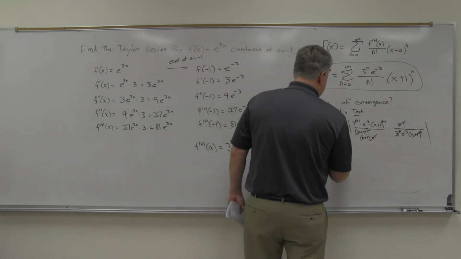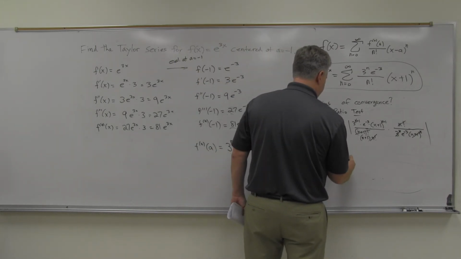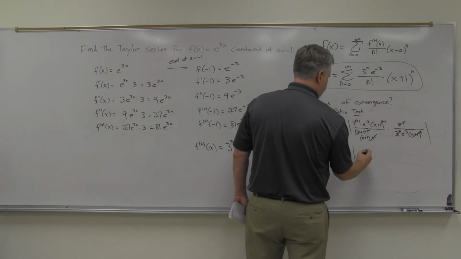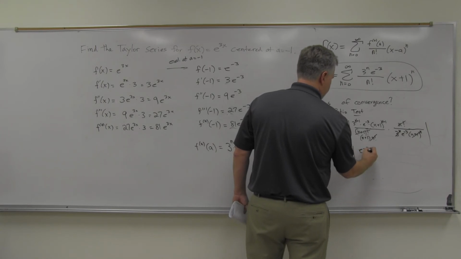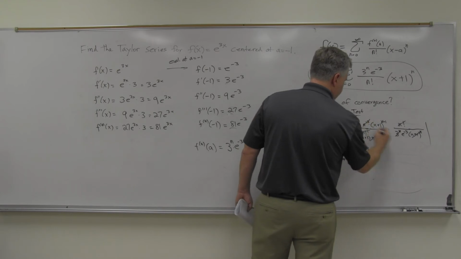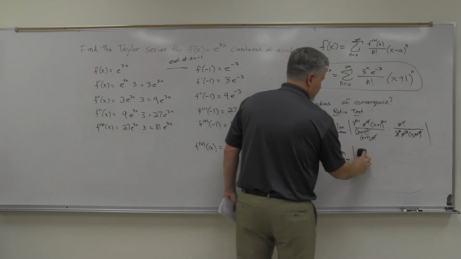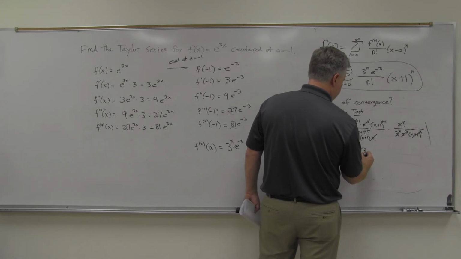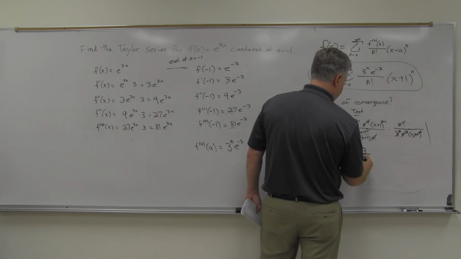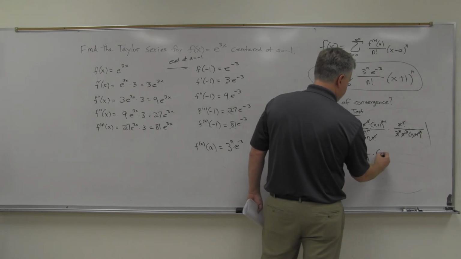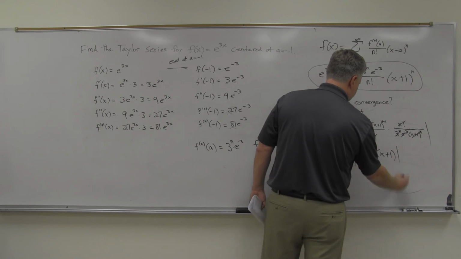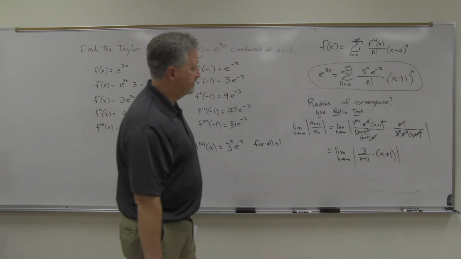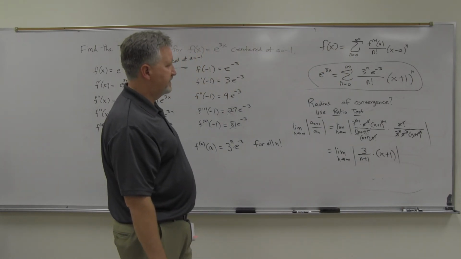The e to the minus 3 cancels out too, sorry. That leaves 3 on top over n plus 1, times x plus 1. That's all that's left.